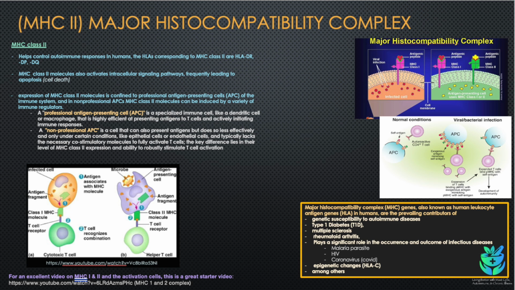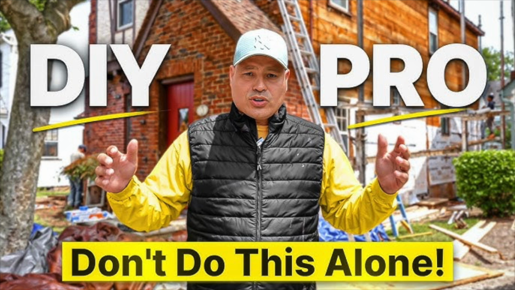A non-professional APC is a cell that can present antigens but does so less effectively and only under certain conditions, like epithelial cells or endothelial cells, and typically lacks the necessary co-stimulatory molecules to fully activate T cells. The key difference lies in their level of MHC class II expression and ability to robustly stimulate T cell activation. So the non-professional APC is like a weaker version of the professional one.